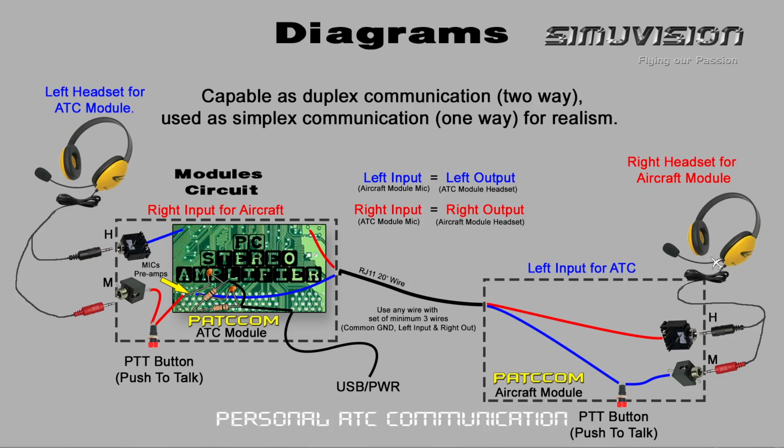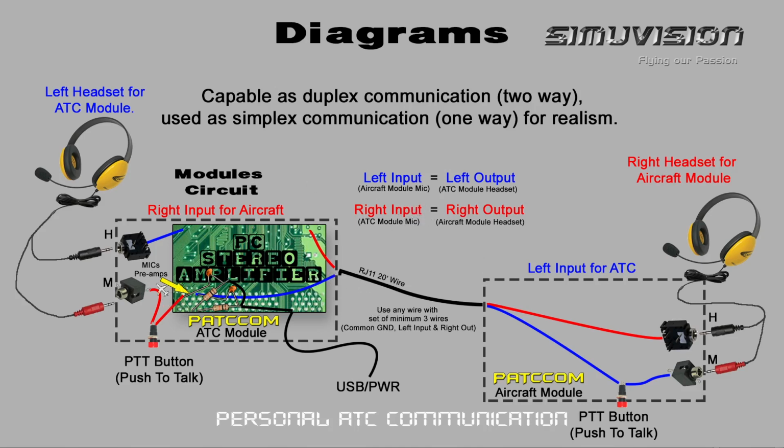As I have been discussing, we have the left input which is equal to the left output, meaning whatever you feed into the left side will be heard on the left output and whatever you feed on the right input will be heard at the right output. So we divided this thing into two parts, taking the benefit of the same thing.